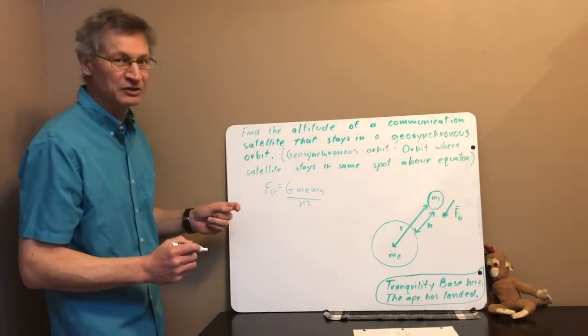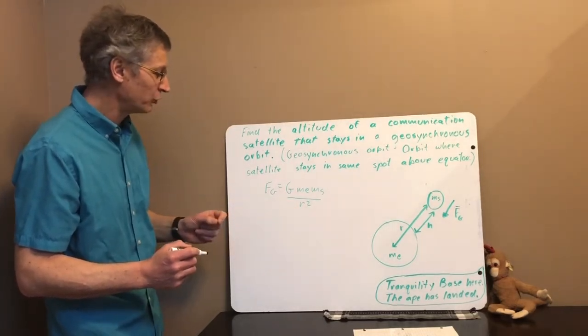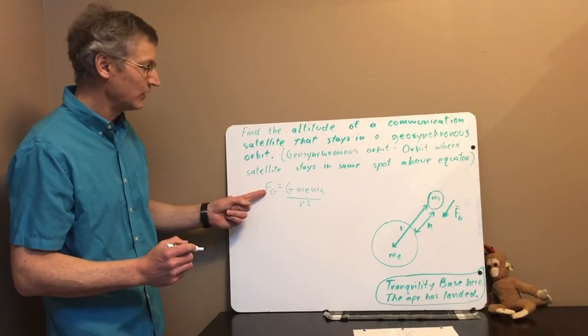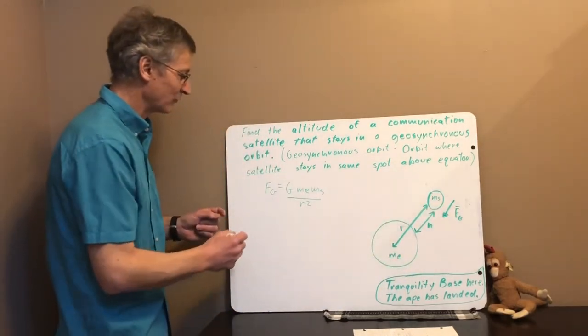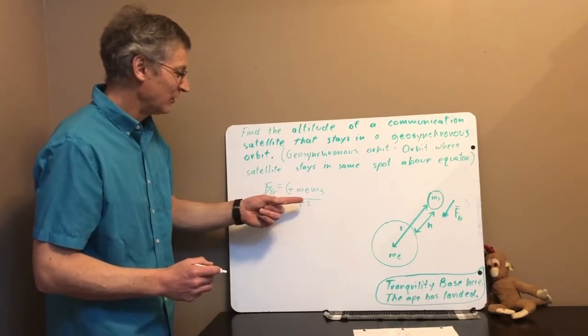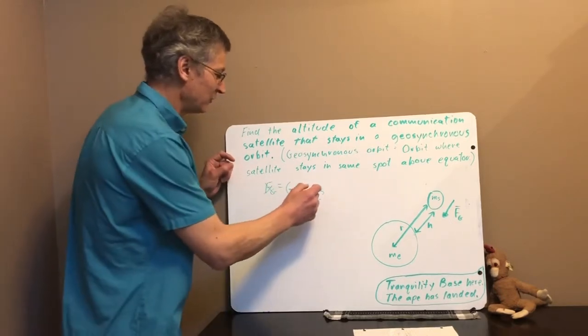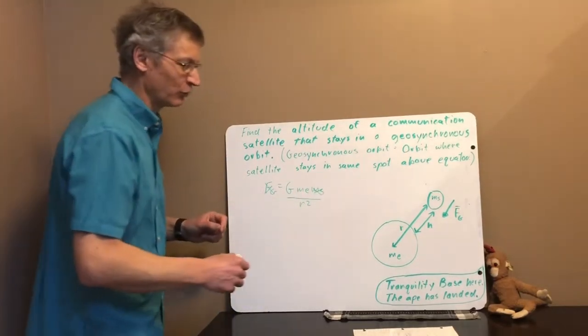Looks promising. Looks like we might be able to solve this for R. But if you look at it closer, we have no idea what the force of gravity on this satellite is. We have no idea what the mass of the satellite is. And we're trying to figure out what R is, so that's not going to work.